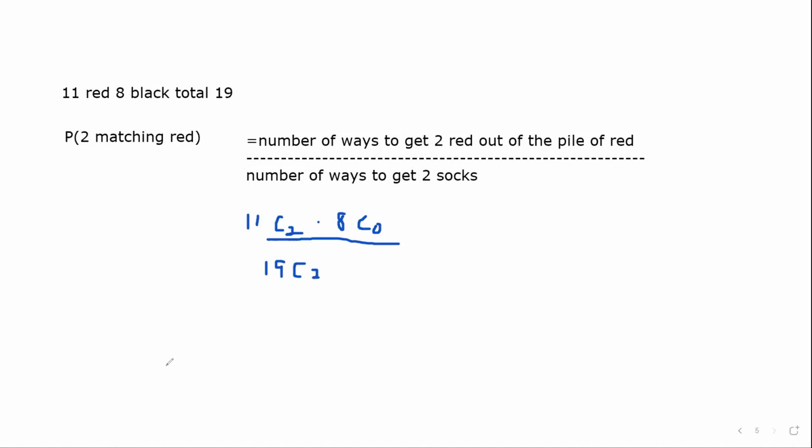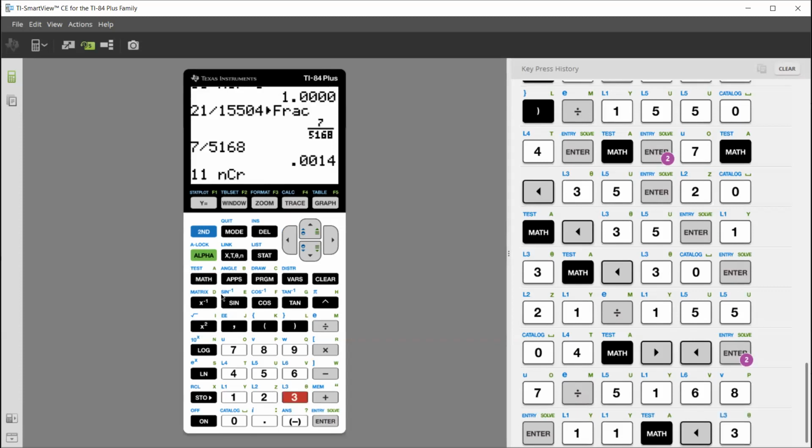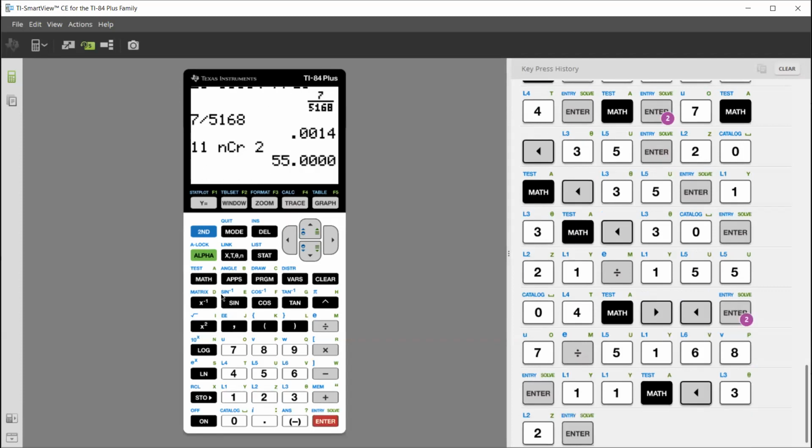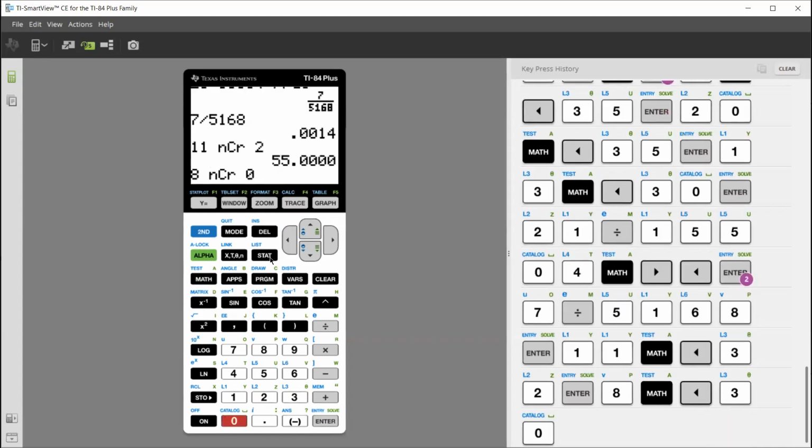So let's do this. 11 choose 2 is 55. And from 8, we're not choosing any, 8 choose 0.